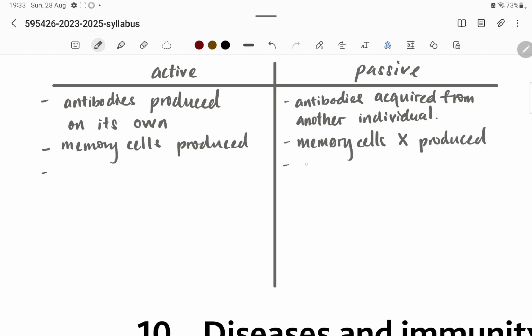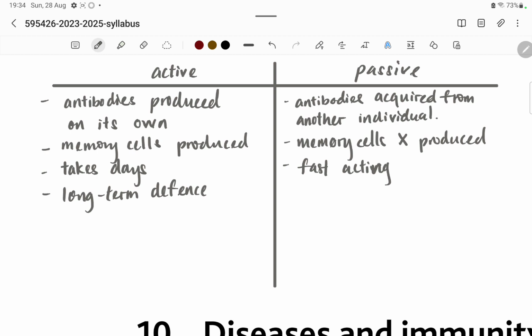Active immunity is not fast acting, it actually takes days. Passive immunity is fast acting. And then active immunity is for long-term defense, while passive immunity is for short-term defense.